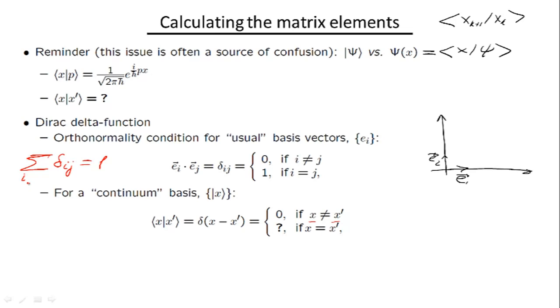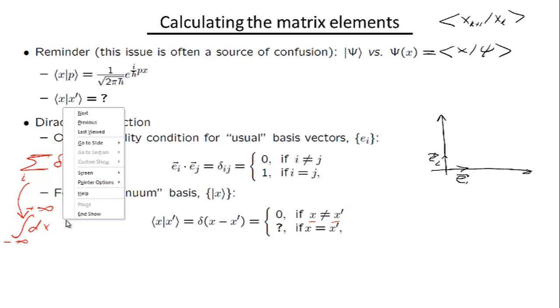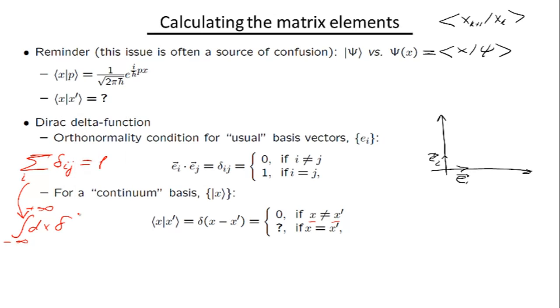This something else is determined by a condition very similar to this one, but now instead of summing over a discrete set of vectors labeled by i, we have to integrate over a continuum set of vectors labeled by x. These are all possible coordinates in one-dimensional space going from minus infinity to plus infinity, and the integral of the corresponding delta function is equal to 1.